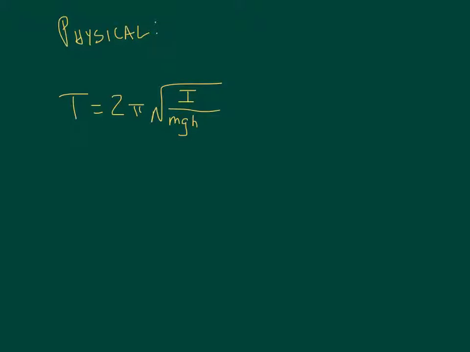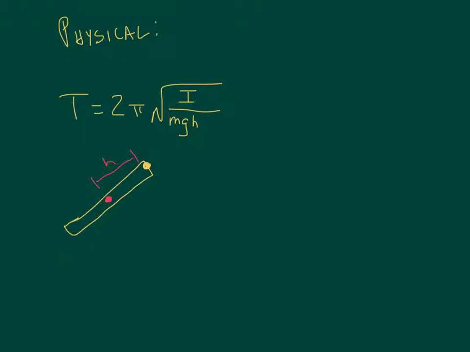So let's say we got a meter stick or some kind of rectangular object, we would care about the pivot point at the end. We would care about the center of mass. And h is going to be the distance, not from the pivot point to the end of the pendulum, but from the pivot point to the center of mass.